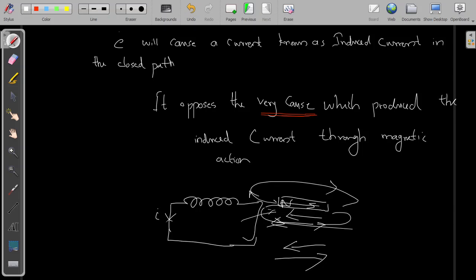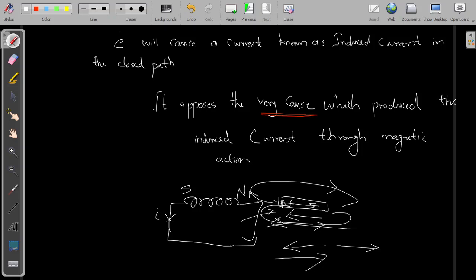So in order to do that, a north pole should come here, and a south pole should come here. So that the north pole will repel, so that a force from left to right is established, so that it opposes the motion of this external bar magnet, right?